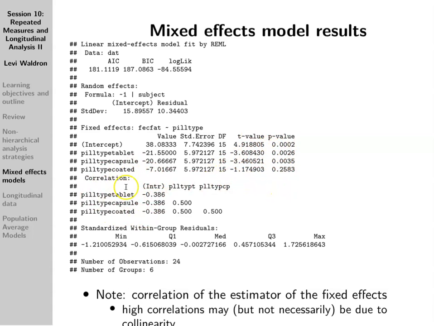It also has this table here for correlation, and these are estimates of the correlation between different variables. So that between the tablet data, capsule data, and coded data compared to the intercept, and it's a little hard to tell what these are. I think this is pill type tablet, and based on it not having a correlation with pill type tablet, and this is pill type P. I don't know, what is that?